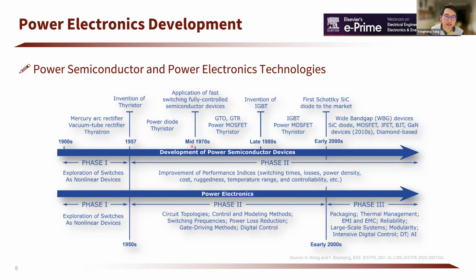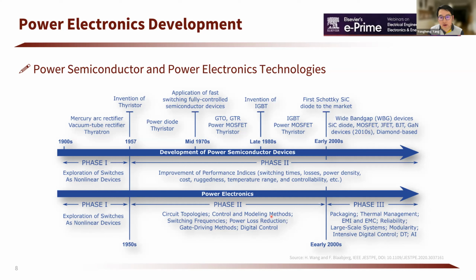This slide basically gives the history of power electronics, as well as the development of power semiconductor devices. Back in the 1950s, during that phase, people were exploring power switches as nonlinear devices to control or to condense the energy.